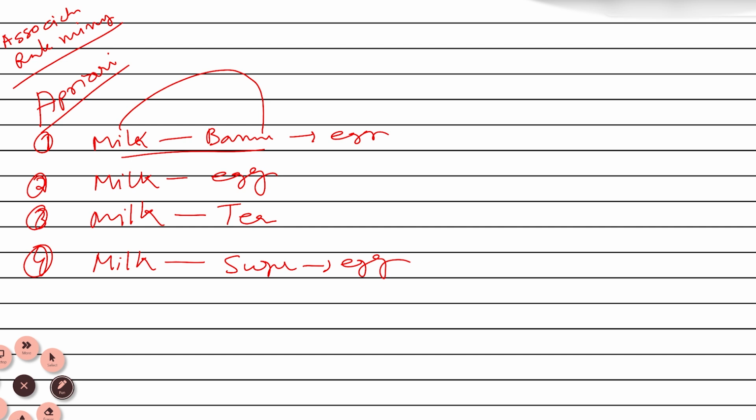Support equals 1 by 4, since it appears once out of the 1, 2, 3, 4 cases. Now if you consider another relationship, let's say milk and egg, how many times is it appearing?